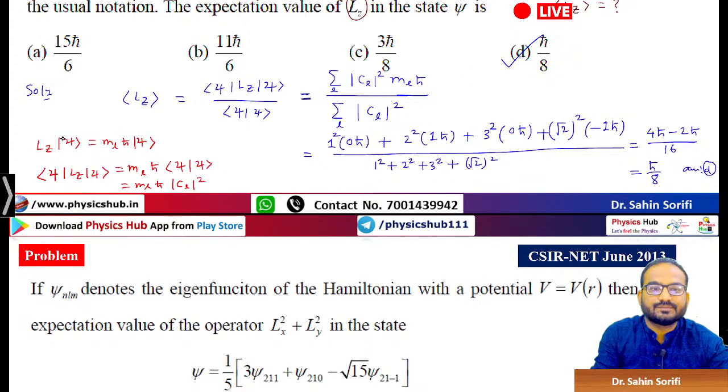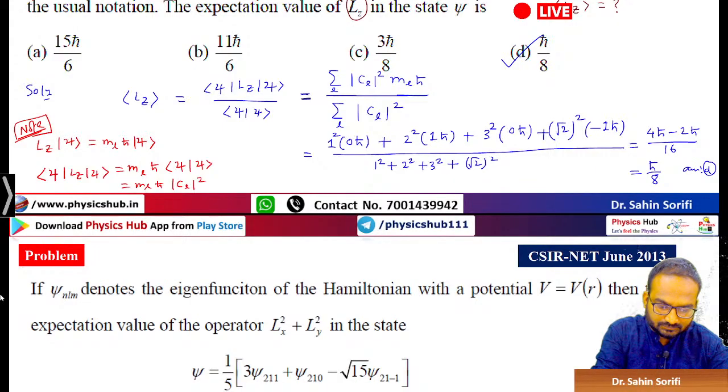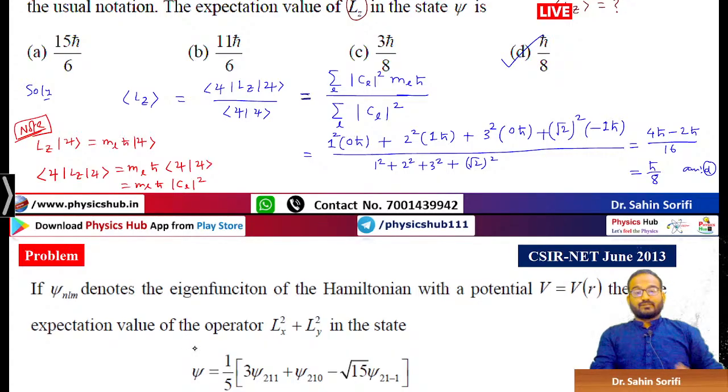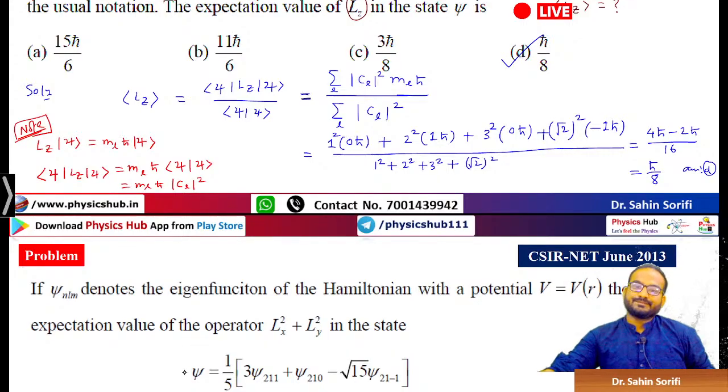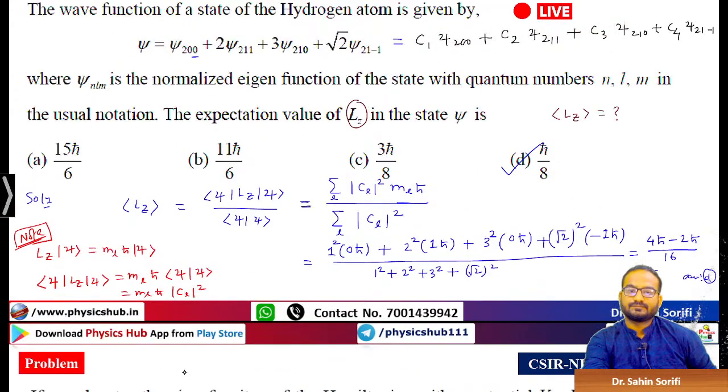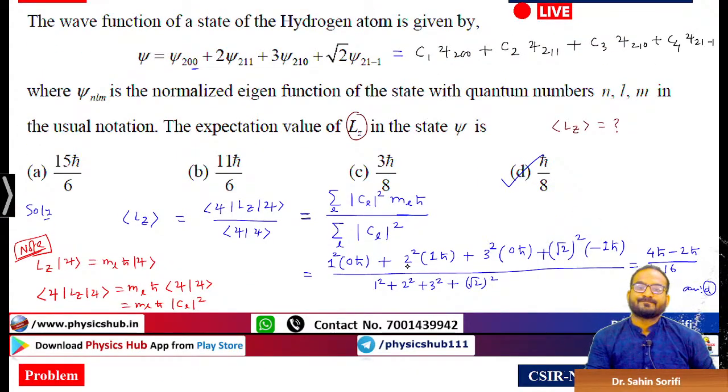That is why we have written this. Now I think it is clear. This is ket ψ. When you write the bra ψ and you take scalar product, you get the coefficient square only, because of the orthonormalization condition.